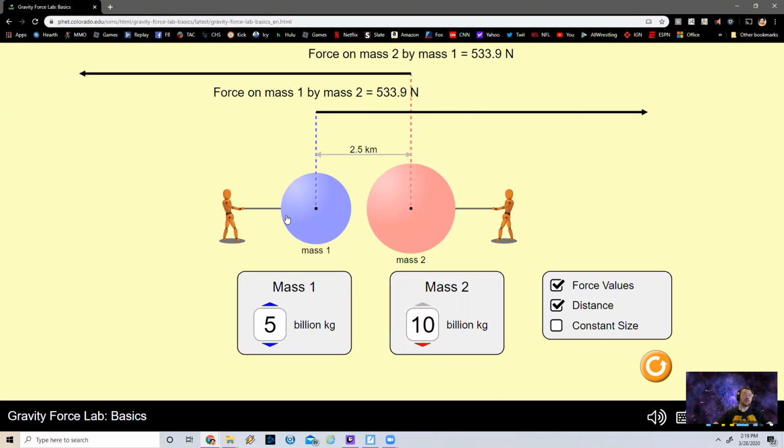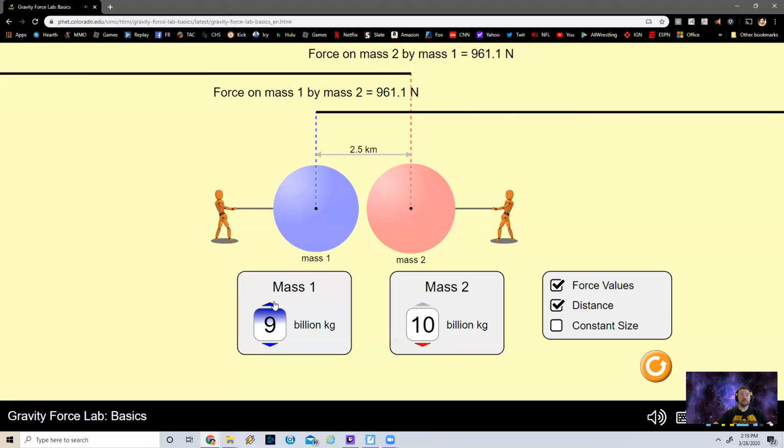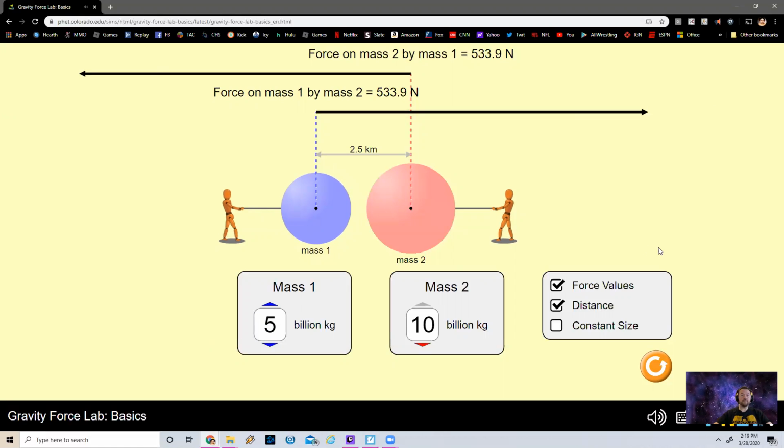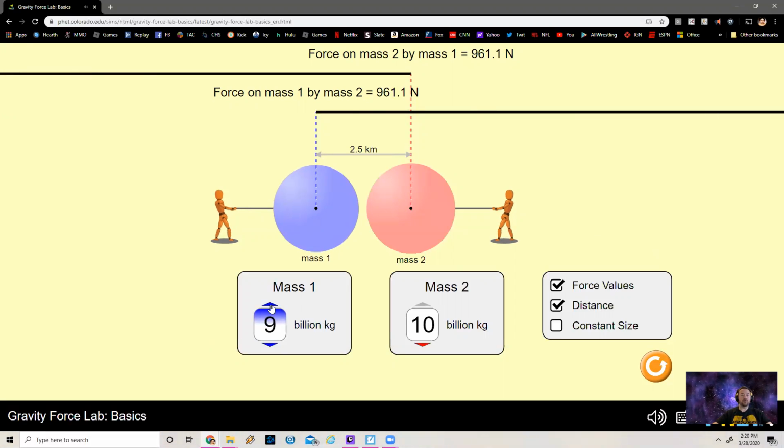533.9 newtons. So what you see is that we decrease the mass of one object, we decrease the force between them, but they exert an equal but opposite force on each other. And there you go. You see that the force between them has decreased. Let's see what happened to the force.